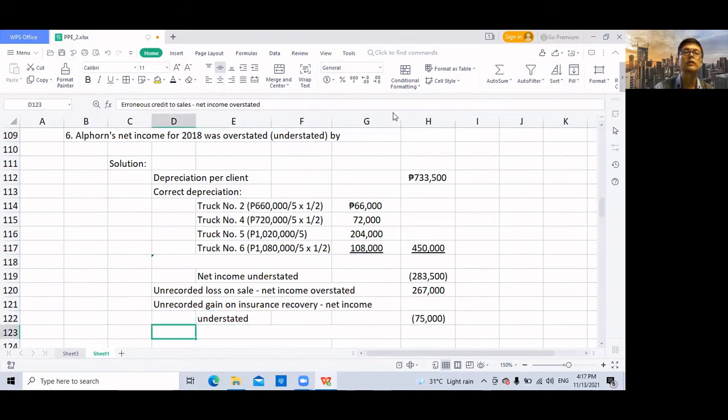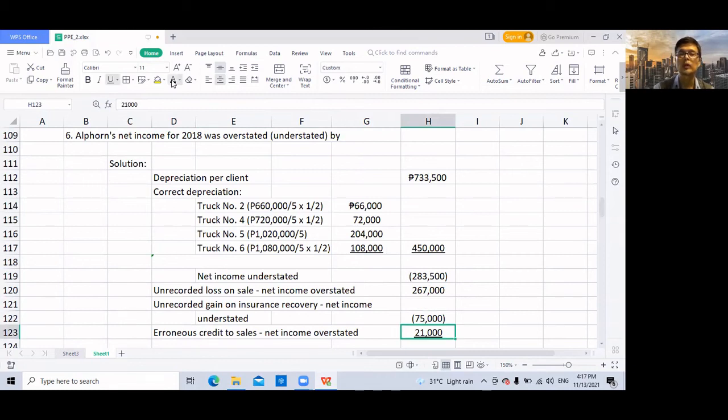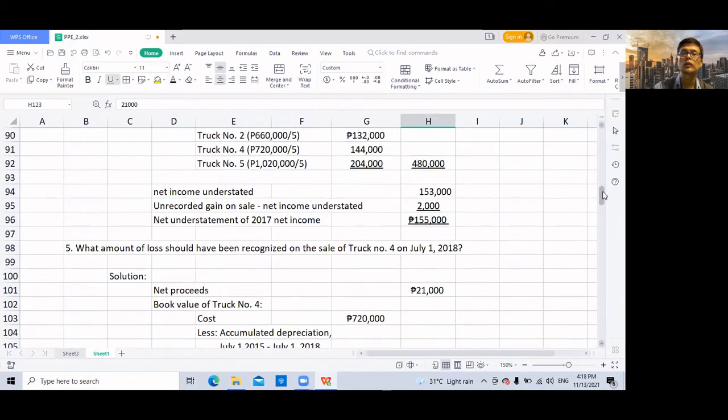So we have the erroneous credit to sale, or net income overstated for 21,000.